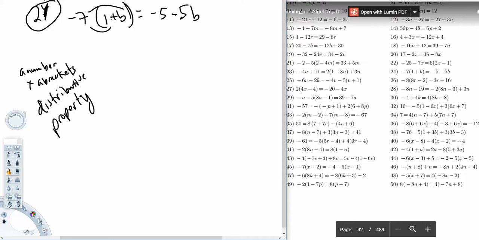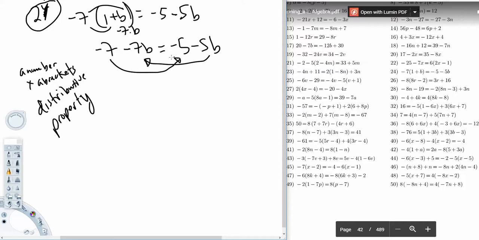Since we can't get the result in the brackets, we do this distributive property. So negative 7 times 1 equals negative 7. Negative 7 times b equals negative 7b. The same thing. Equals minus 5b. So let's bring the negative 5b here. Let's bring the negative 7 here, and let's solve this problem.